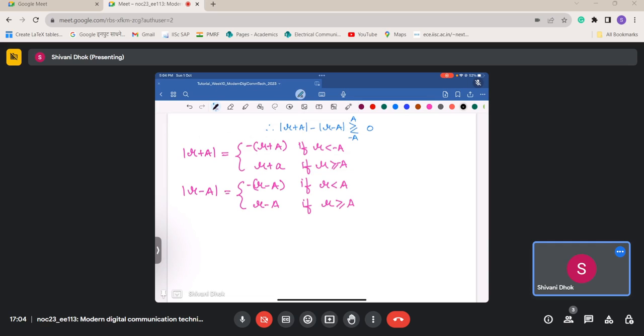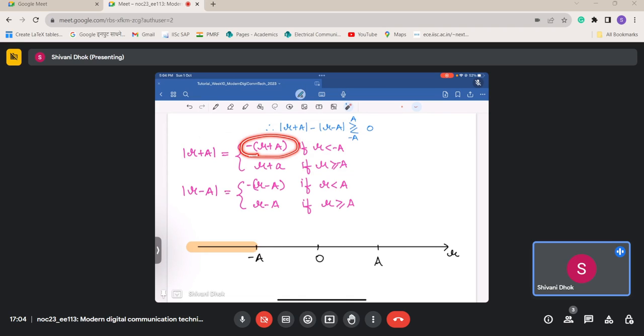So let us try to understand what's happening here. Let's say this is r, this is 0, this is minus a, this is a. If we look at this region, this is a region where r is less than minus a. Now in this region, what do we have? We have magnitude r plus a as this, and magnitude r minus a as this.